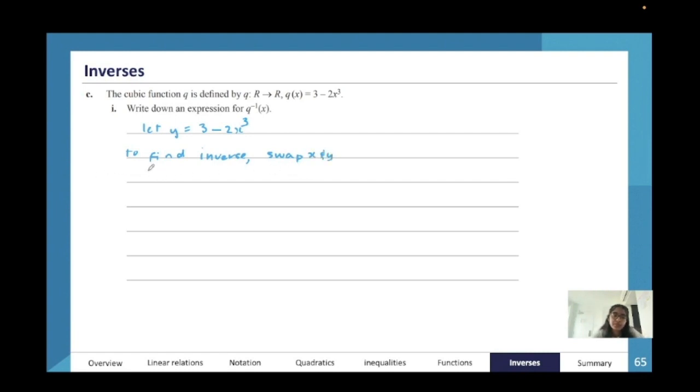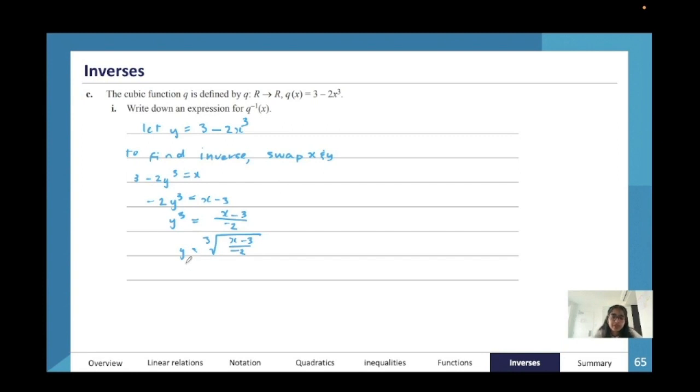When you swap x and y, you've got 3 minus 2y cubed equals x. Minus 2y cubed equals x minus 3. y cubed equals x minus 3 on negative 2. y equals the cube root of x minus 3 on negative 2.